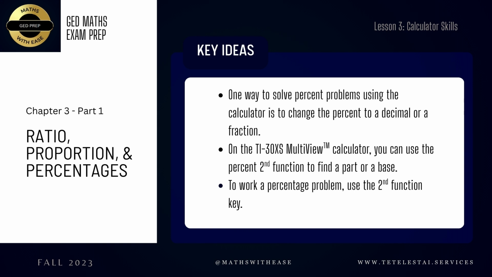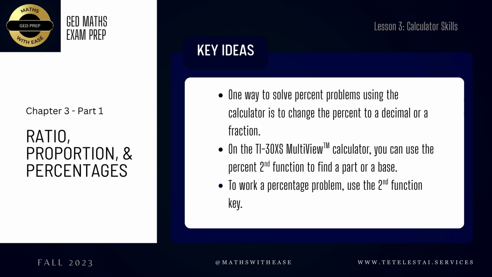So one way to solve percentage problems on your calculator is simply to change the percentage to a decimal or a fraction. On the TI-30X MultiView calculator, you can use the percent and then the second function key to find the part and the base.